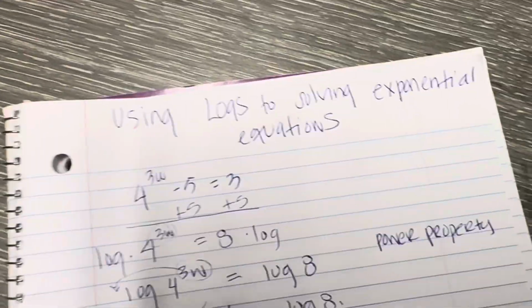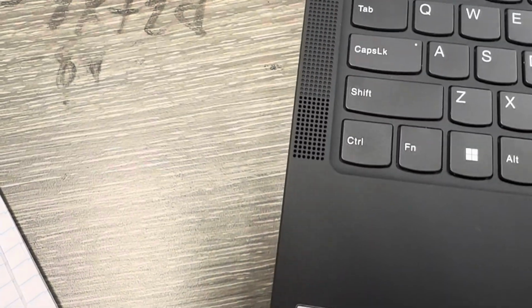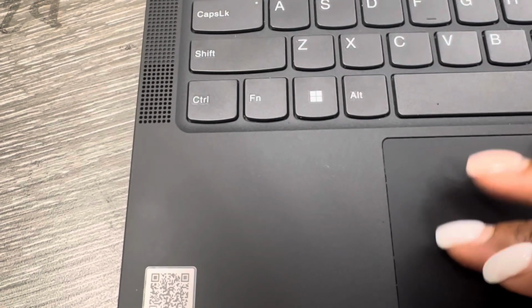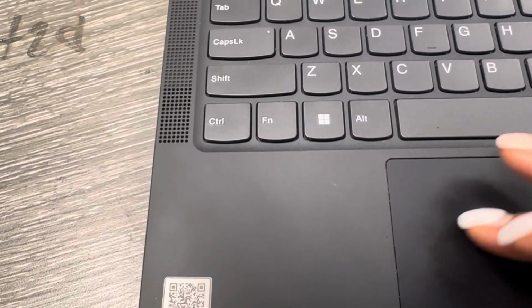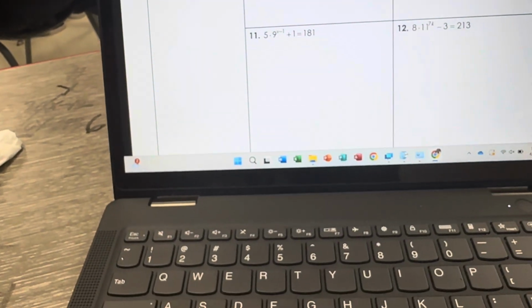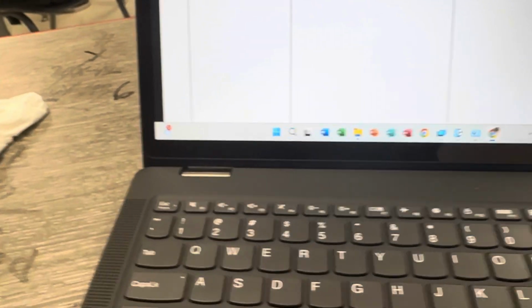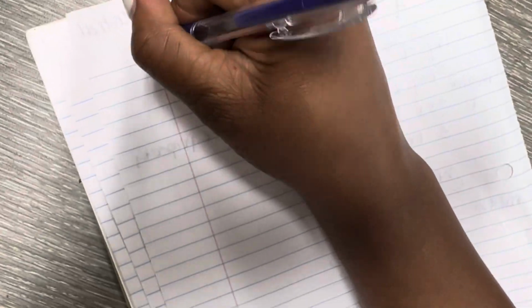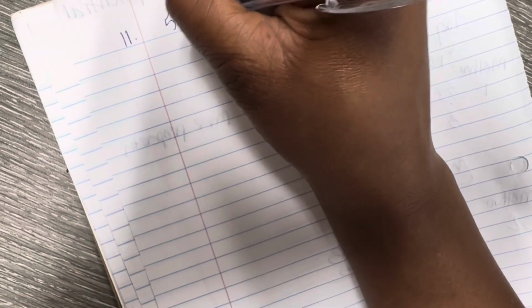Okay, I'm gonna go ahead and show you another example. Let's do another one. Let's do number 11. And you're responsible for doing the other problems. All right, number 11. 5 times 9 to the v minus 1, plus 1 equals 181.